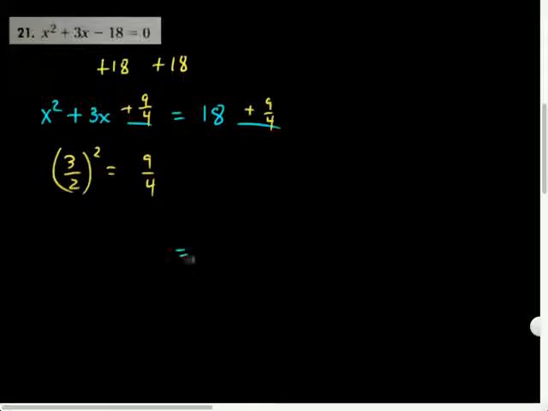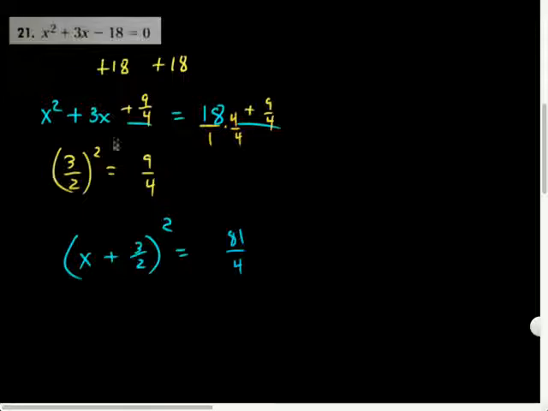So now what I would do is factor this left-hand side. Fast factor it. That's going to be what, all squared? Well, it'll have an x, and it'll have a positive 3/2. And on the right-hand side, I need a common denominator, which is 4, so multiply by 4 over 4. 18 times 4 is 72, plus 9 is 81 fourths.